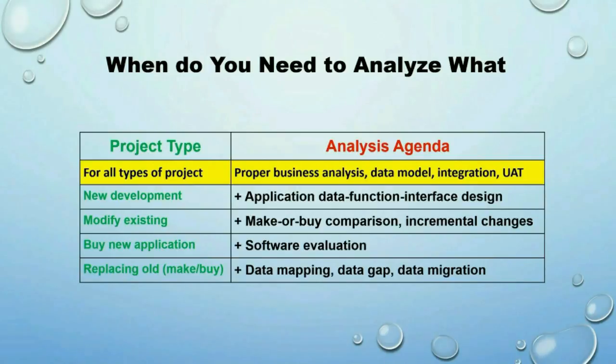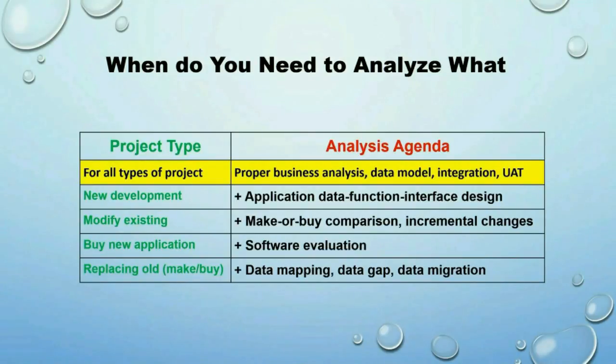Now first, I just put down 4 generic project types. There can be more detailed classification of projects. For all types of project, you probably need to do some proper business analysis, data modeling, integration, and UAT.